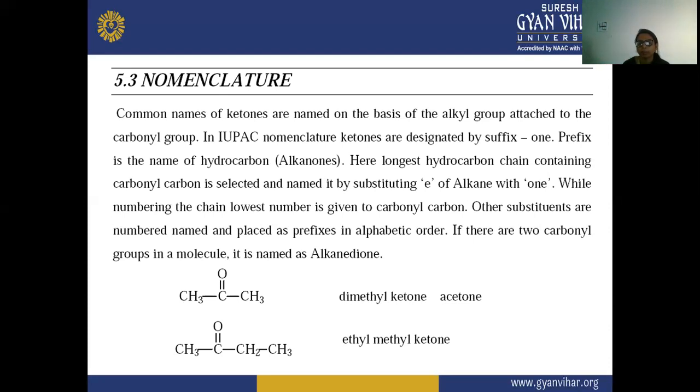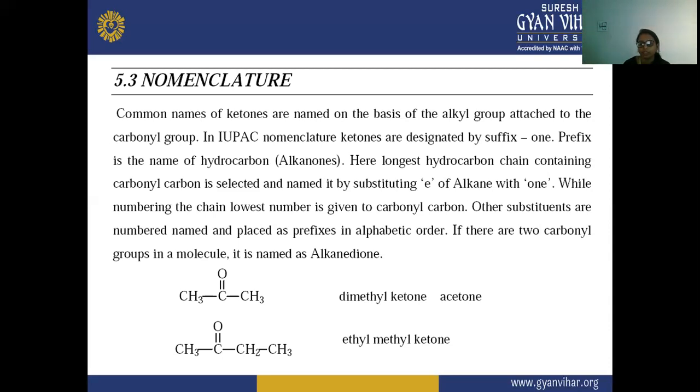By numbering the chain, the lowest number is given to the carbonyl group. While numbering the longest carbon chain, we have to give the carbonyl group the lowest number, which means we number it first. One is the lowest number, so we first number the carbonyl carbon, and after that the other carbons.